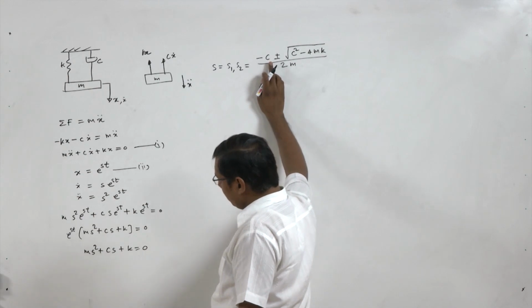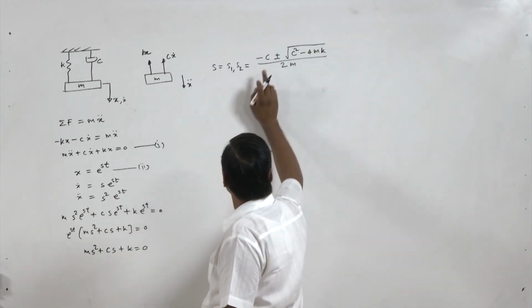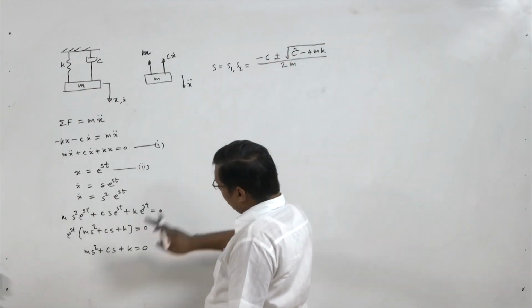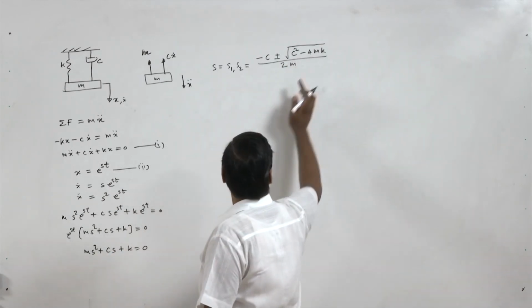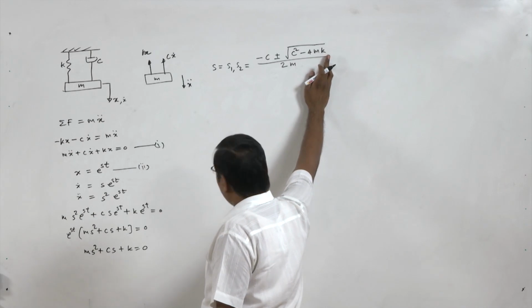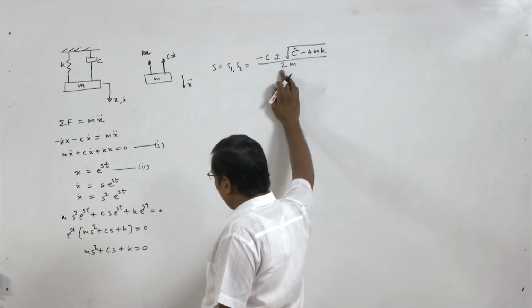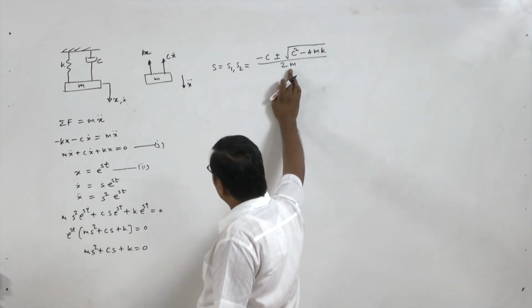So minus b is minus c, plus minus under root b square, so it is c square, minus 4 a is m, and c is k, upon 2a, and a is m.